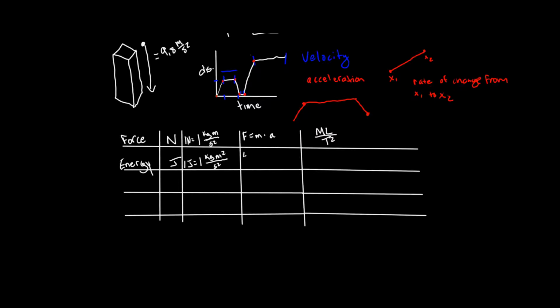And energy is equal to force times distance, or length. So if you're looking at it this way also, you could say that 1 joule is equal to 1 Newton meter. And that's going to actually be equivalent to this over here.